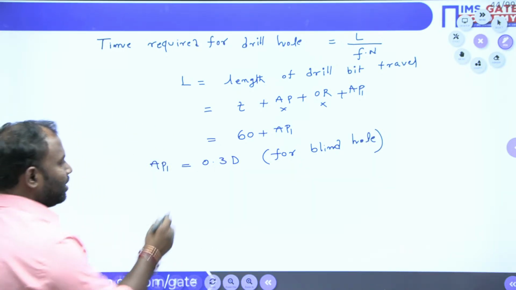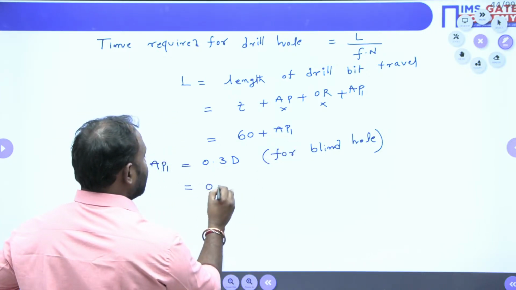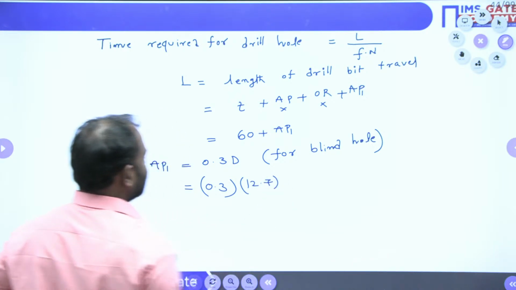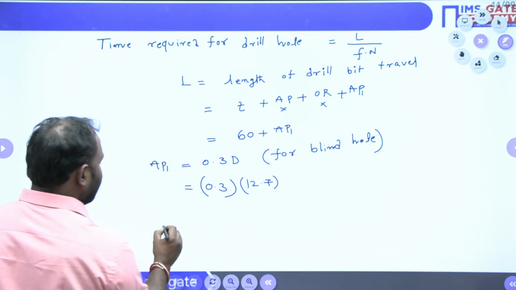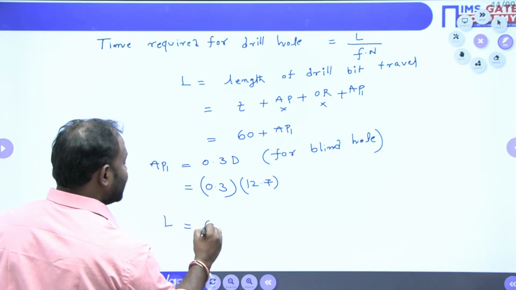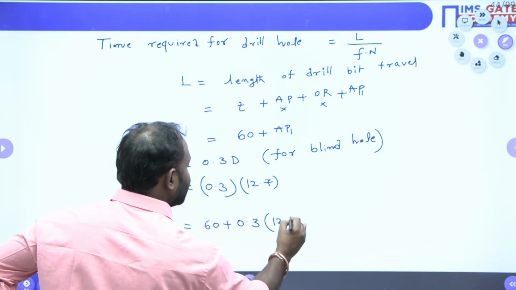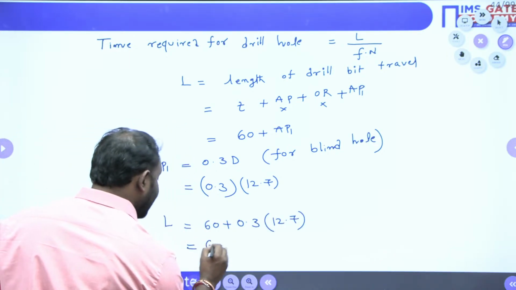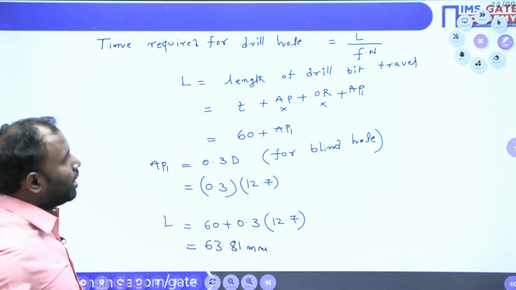So here I'll write 0.3 into 12.7. Let us calculate the length: 60 plus 0.3 into 12.7, which gives 63.81 mm.